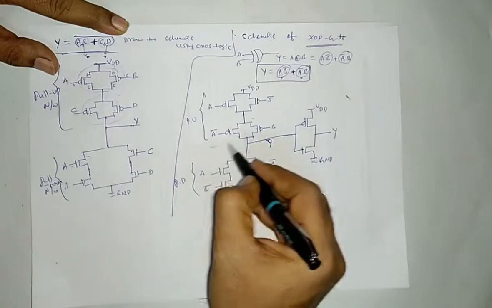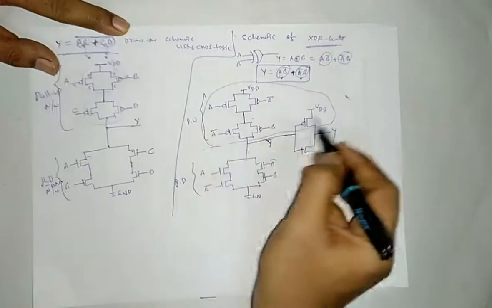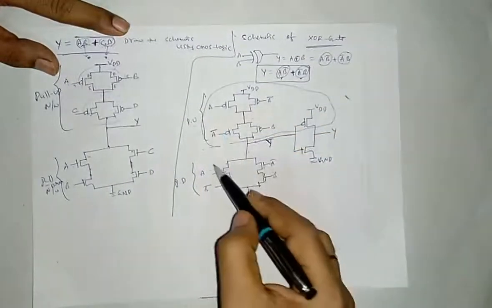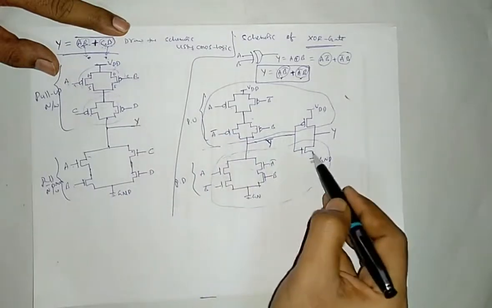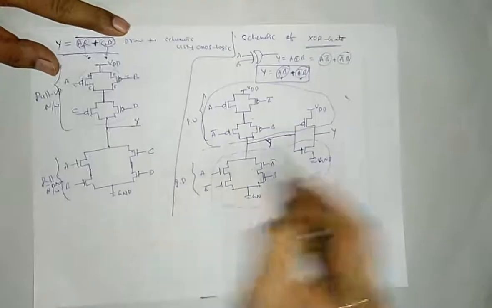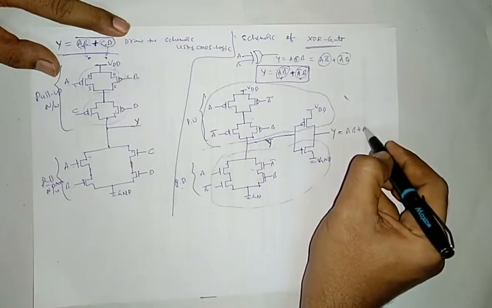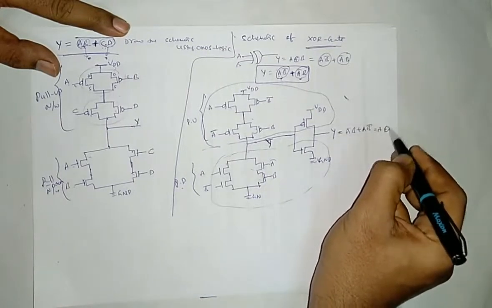This portion consists only of PMOS transistors, this entire circuit is the pull-up network. This bottom network consists of only NMOS transistors, that is the pull-down network. Here you will get A bar B plus AB bar, that is A XOR B.